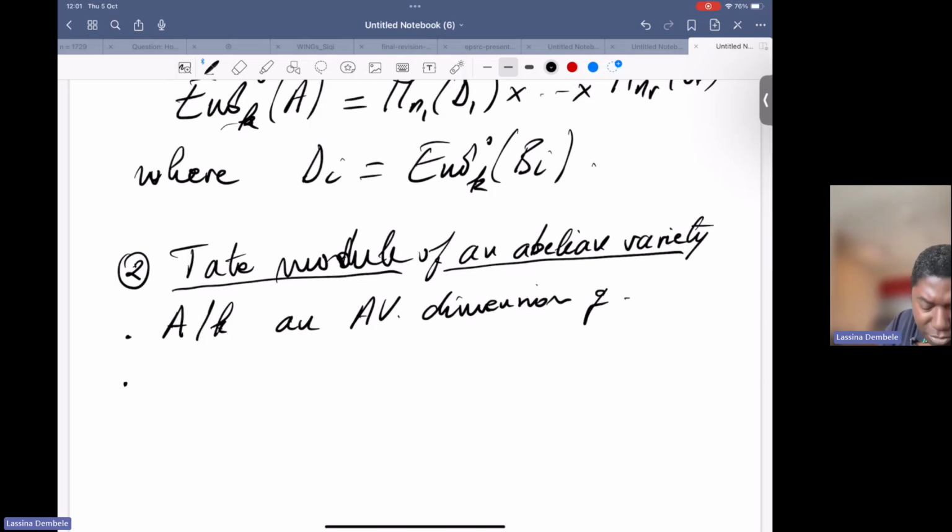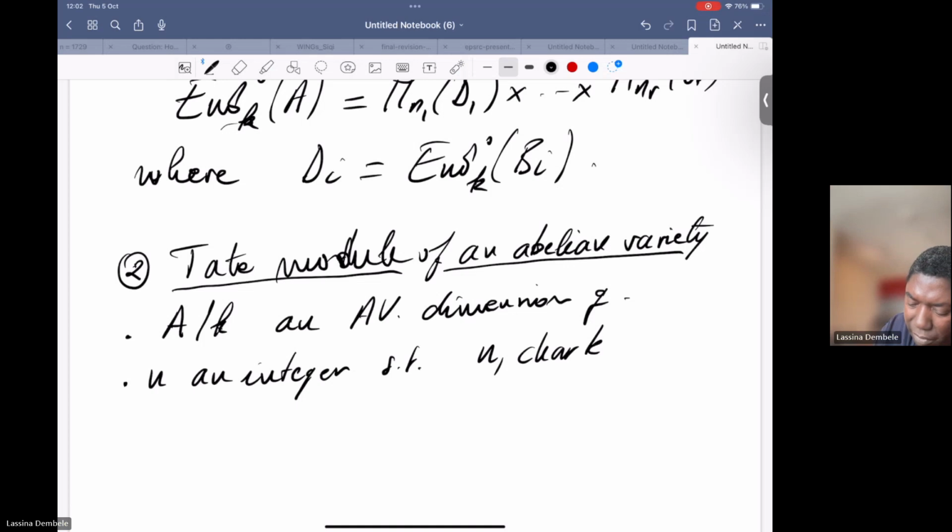And then we are going to let n be an integer such that n is prime to the characteristic of the base field. So that would be the main assumption.